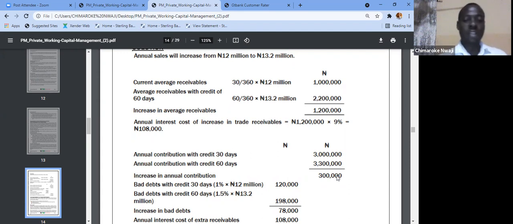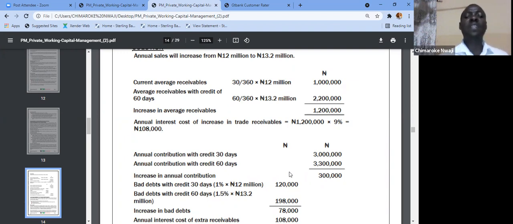Now, if you look at it now, 300,000, you have incurred a cost of 108. That is not the only cost you are incurring. You have bad debts. What is a bad debt? Now, normally we said our bad debt when it was 30 days, we had 1% of 12 million. 1% of 12 million is 120,000.